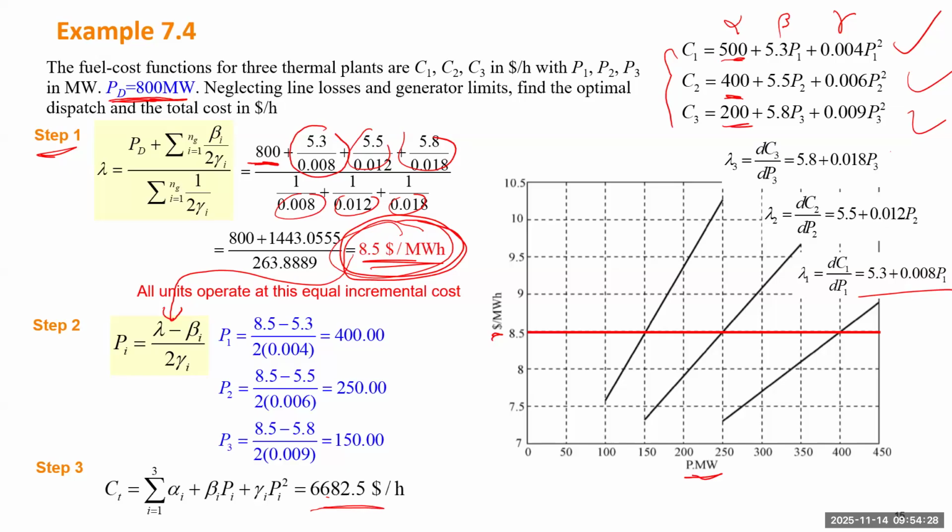So that line intersects with 3 linear curves at 3 points. If you check those three intersection points, which will be 150, 250, and 400, those are exactly the outputs of the 3 units. And if you add them together, they give you 800, right?